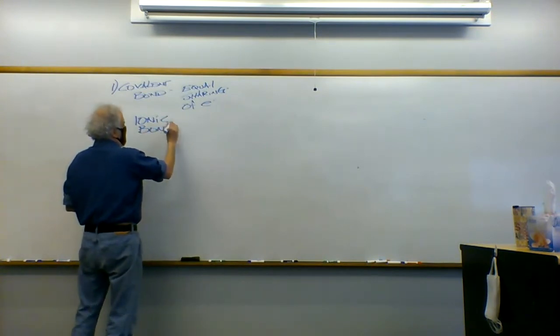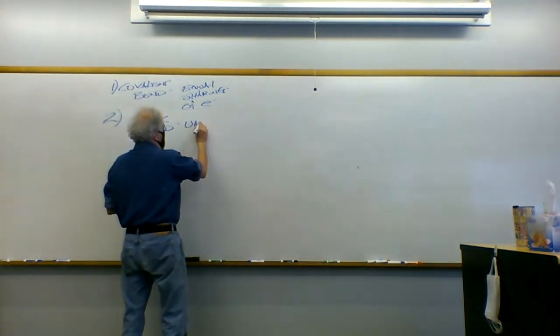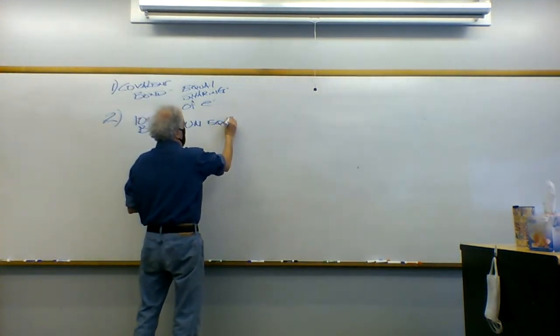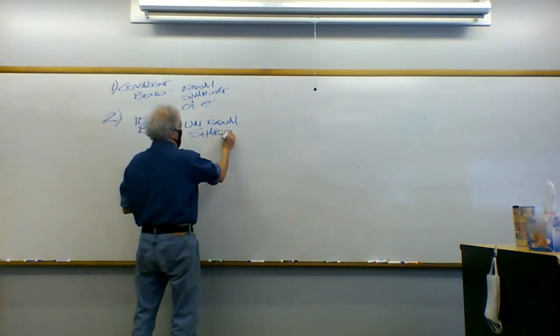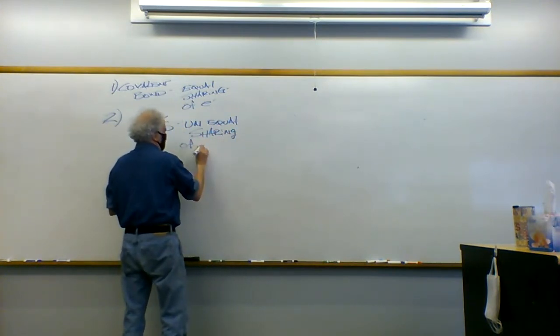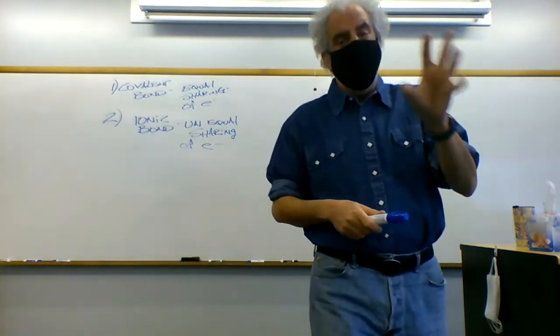And the ionic bond is essentially an unequal share of electrons. So that means that we have to have two ions.